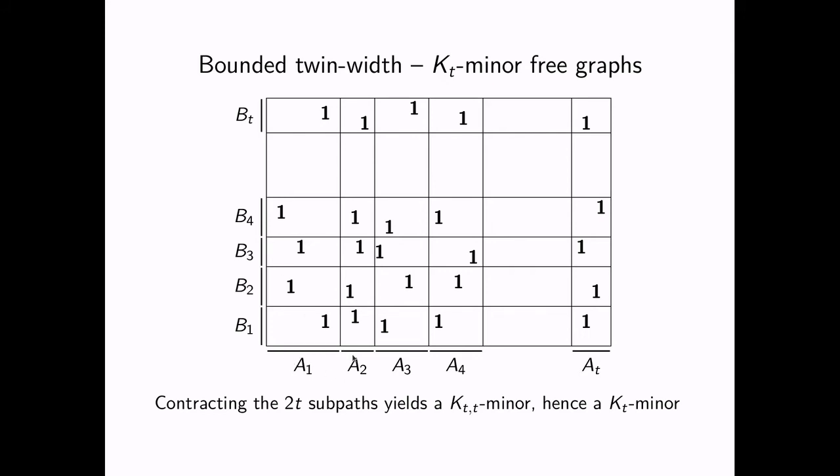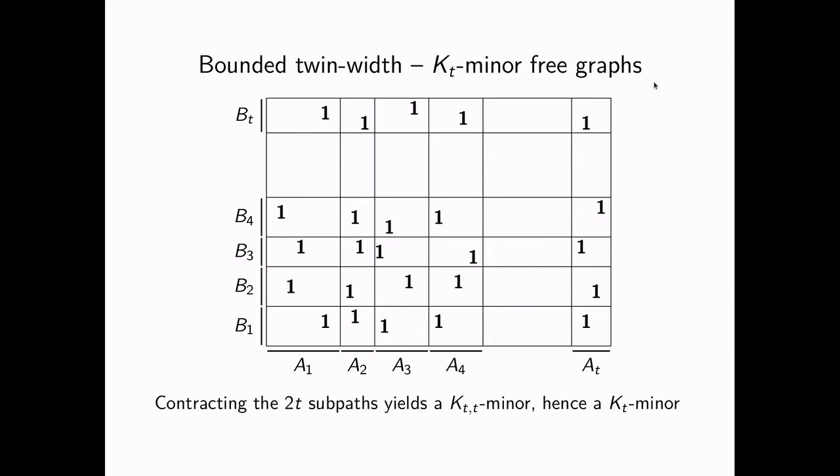Now, because we are along a Hamiltonian path, we can edge contract along A1, along A2, and so on. So we can do this for A1 to At, for B1 to Bt, and create what is a K_t,t minor, because there is at least one 1 in every zone. In particular, we have a K_t minor, and it contradicts the fact that we were from a K_t minor free class.